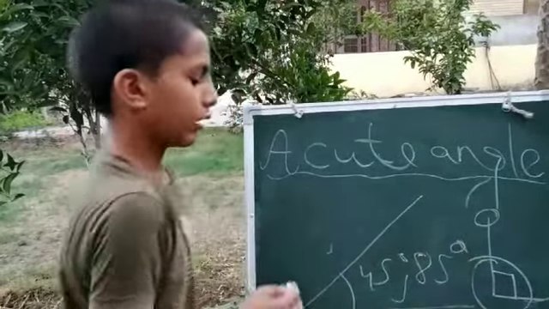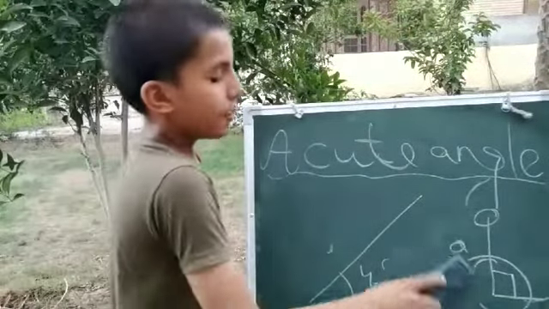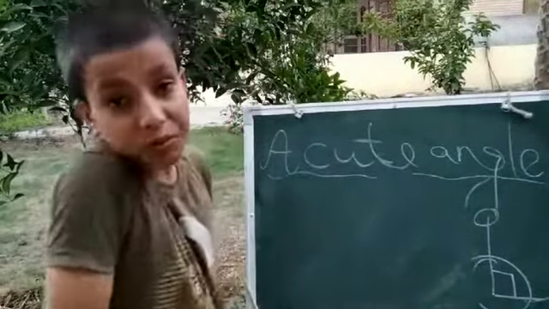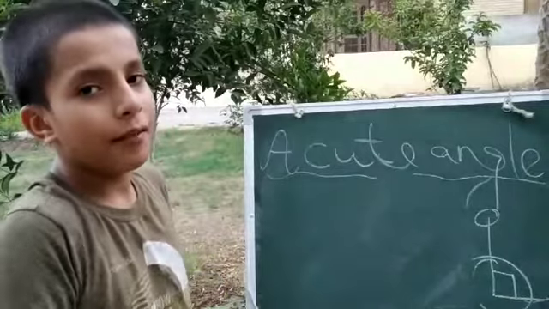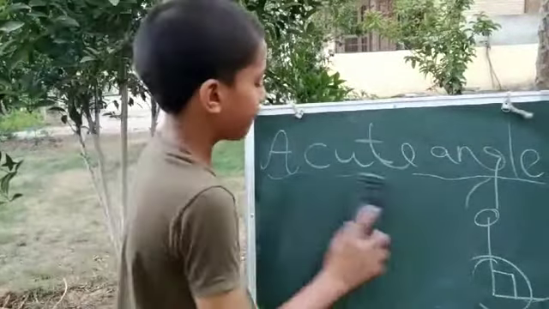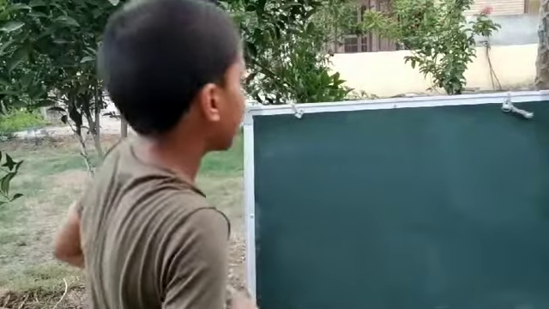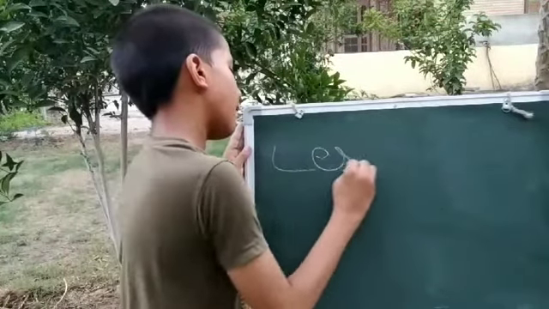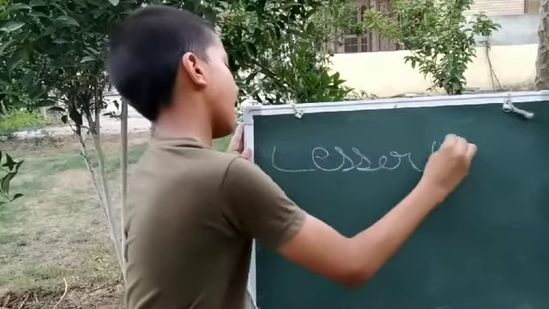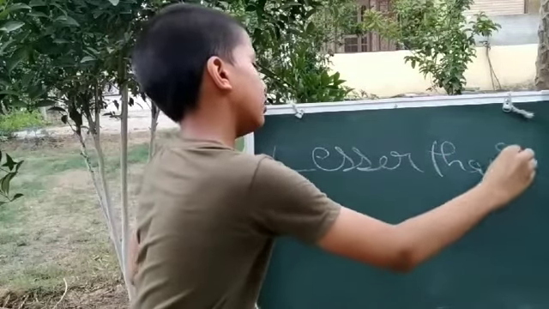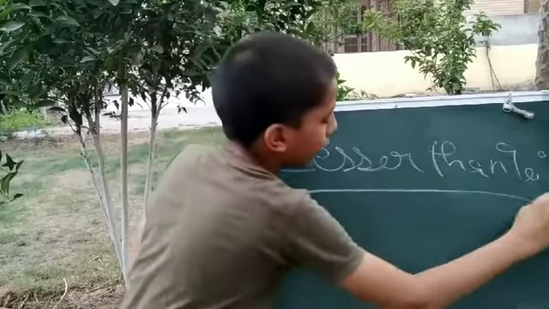Okay, we don't know that, but we can calculate it with which scale? Protractor. So acute angle means lesser than 90 degree.